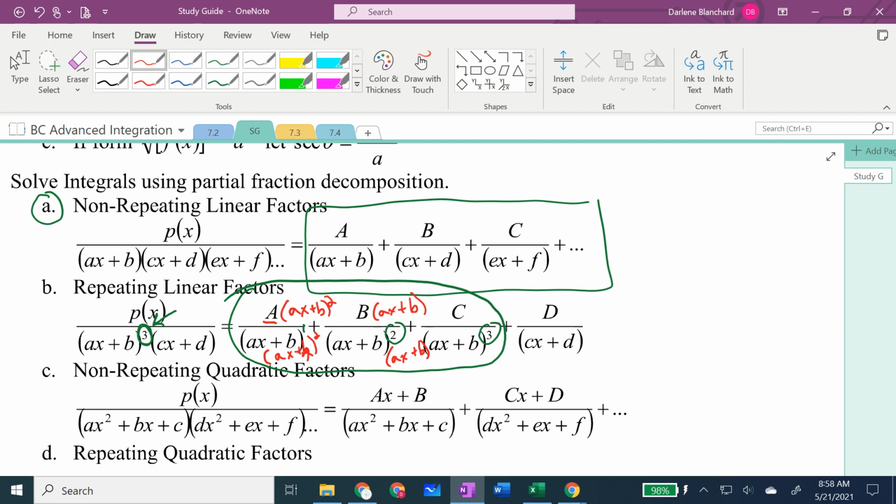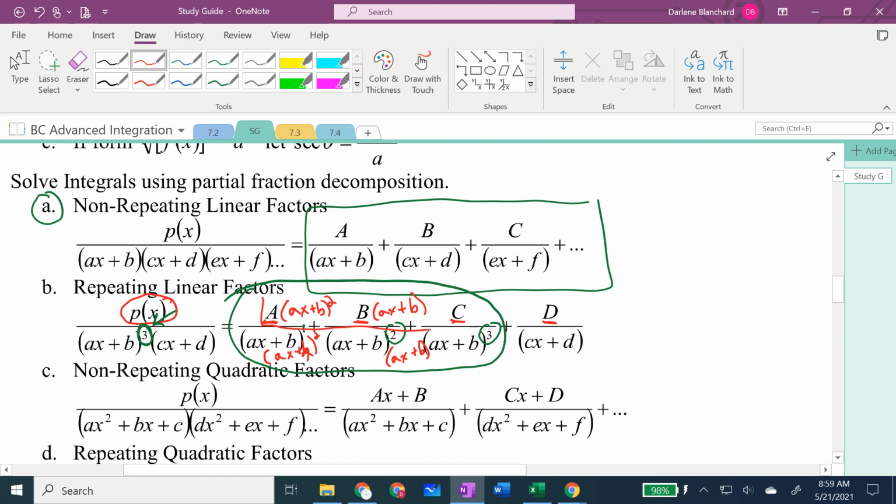It is acceptable to put just a constant above each of these linear core denominators. And it is sufficient to rewrite it, provided you began with a polynomial of less degree than the denominator.